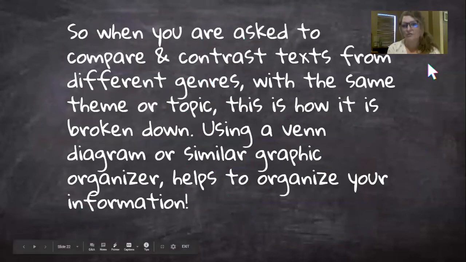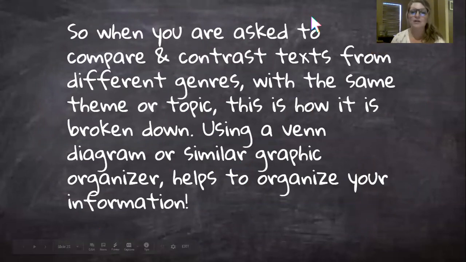So to kind of wrap up the lesson, when you are asked to compare and contrast texts from different genres with the same theme or topic, this is how it is broken down. Using a Venn diagram or a similar graphic organizer helps to organize your information.